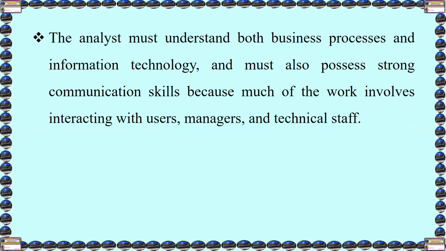The analyst must understand both business processes and information technology and must also possess strong communication skills. Why? Because much of the work in systems analysis involves interacting with users, managers, and technical staff.